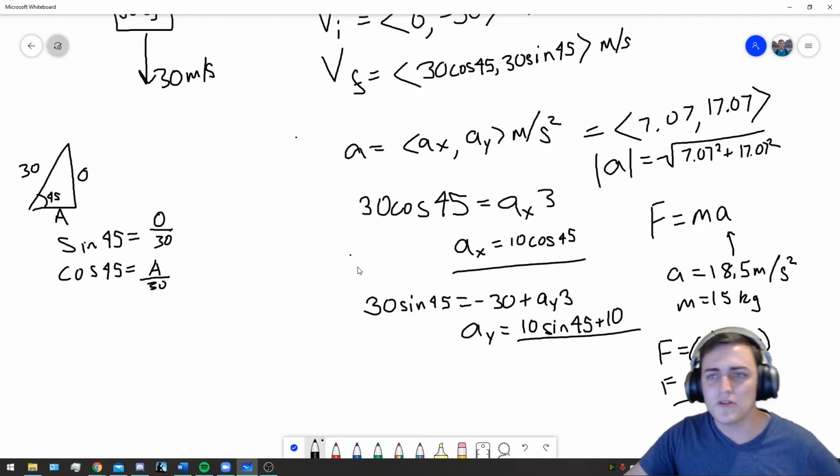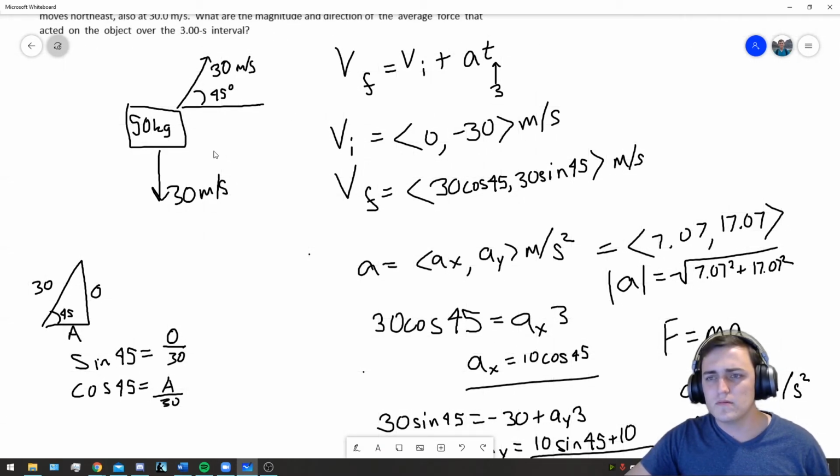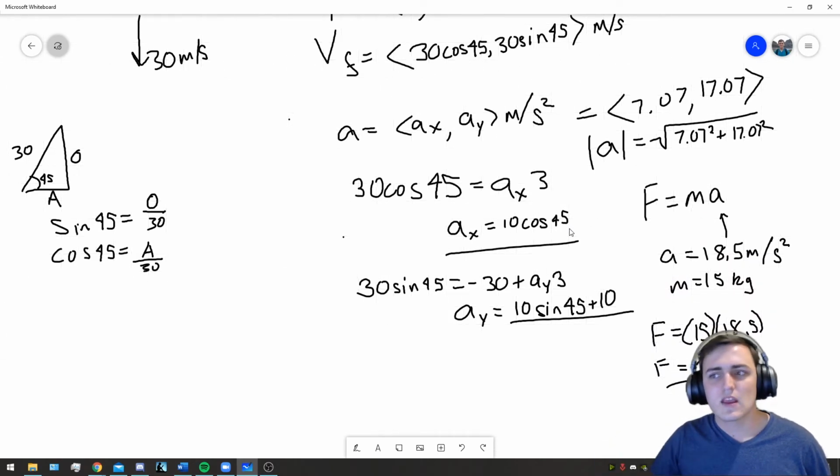Now, how do we figure out the direction? Well, when we look back at our problem, we actually found an acceleration vector. And we know that acceleration and force will always point in the same direction.